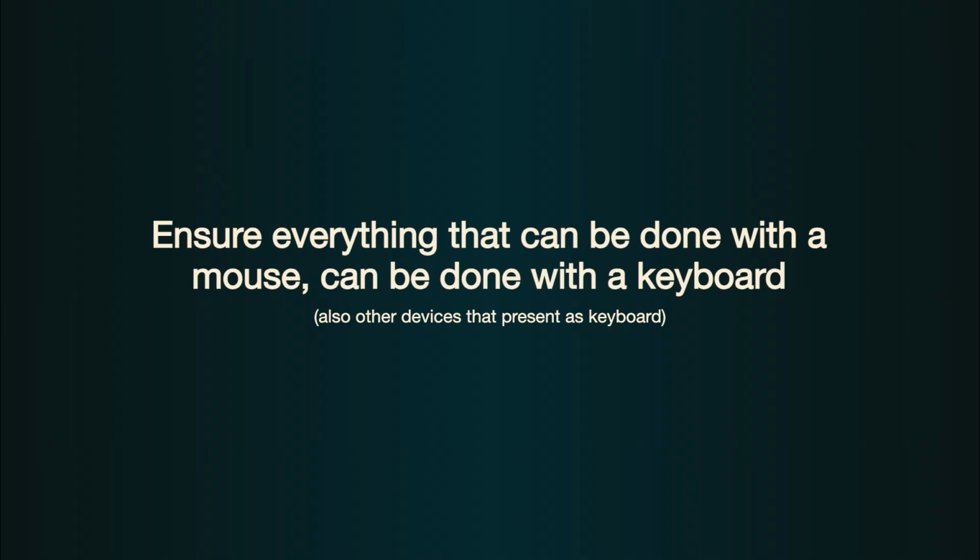Yeah, keyboard accessibility is all about ensuring that everything on your web app or website that can be done with a mouse can also be done with a keyboard. And with a keyboard, we mean also other devices that present as a keyboard. These can be custom devices, assistive technology. You have assistive technology that has just two buttons, and you can come a long way as well.